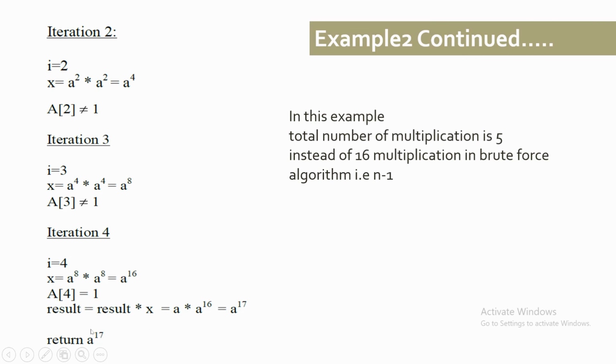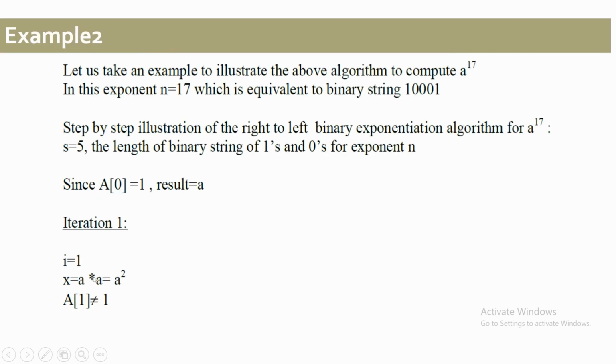So we will return the result. So you have understood what it is doing. Now how many multiplications have I done in finding a17? Here 1, 2, 3, 4, and here 5. So you can see how the multiplications have been reduced to only 5.